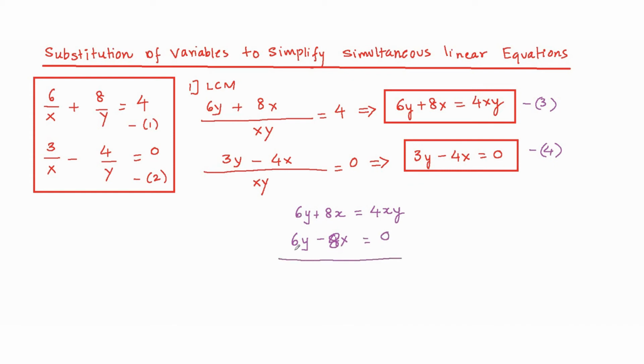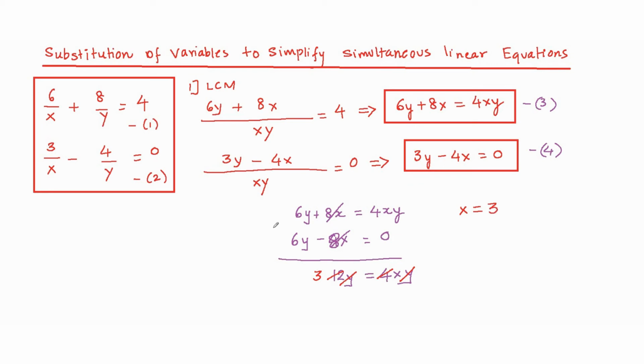So now when I add these two equations, 8x minus 8x cancels. So 6y plus 6y becomes 12y is equal to 4xy. Now y can cancel from both sides. And 4 and 12 get cancelled by 4. So 4 3s are 12, and therefore I get x equal to 3.